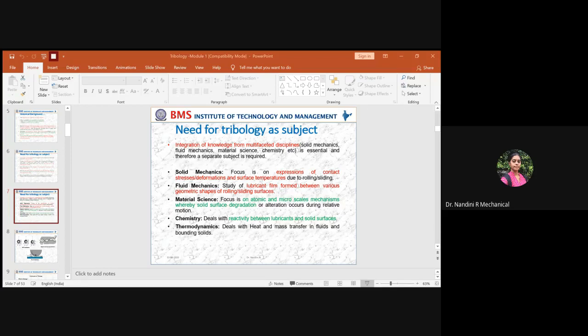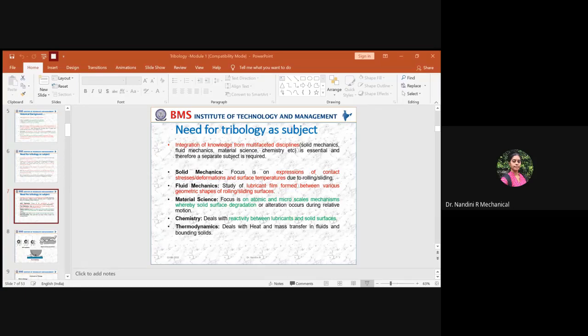You will use this when you go for surface engineering. Hopefully in module 5, this material science concept will be very helpful for you. Next is part of chemistry, which you have studied until 12th and in your first year of engineering. This chemistry part will help you to deal with the reactivity between the lubricants and the solid surface.